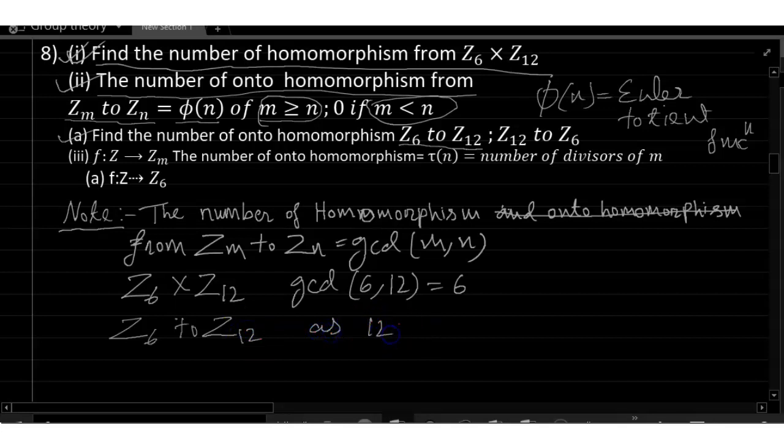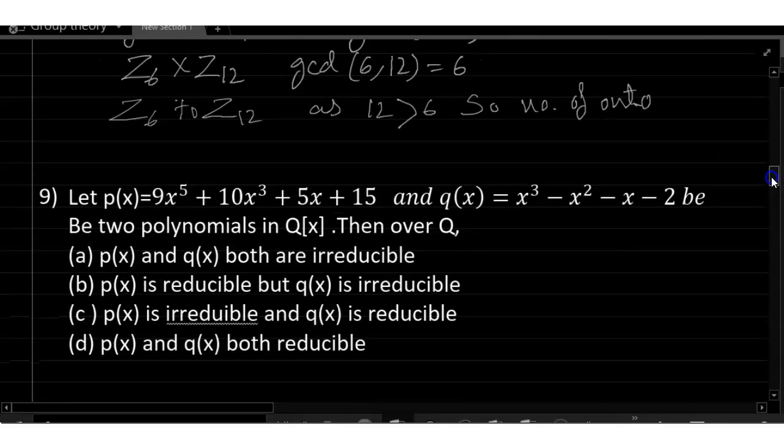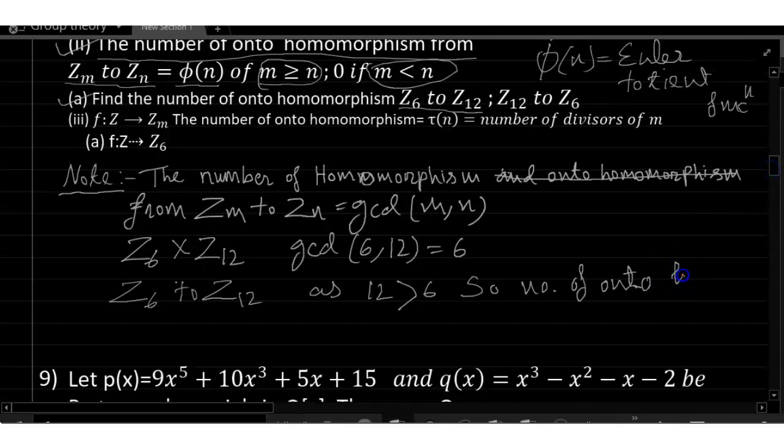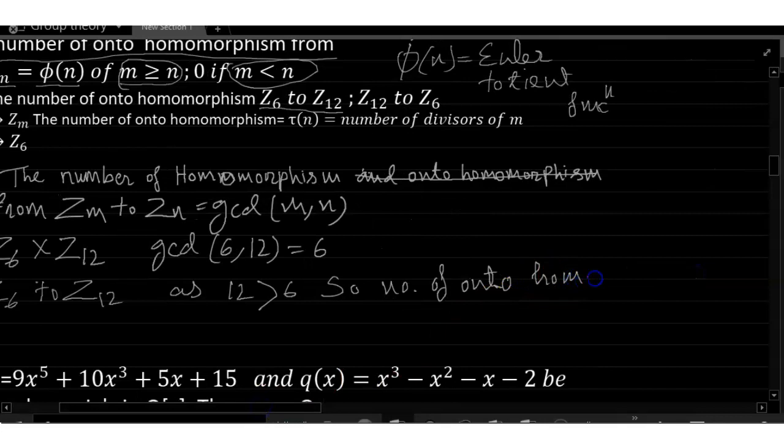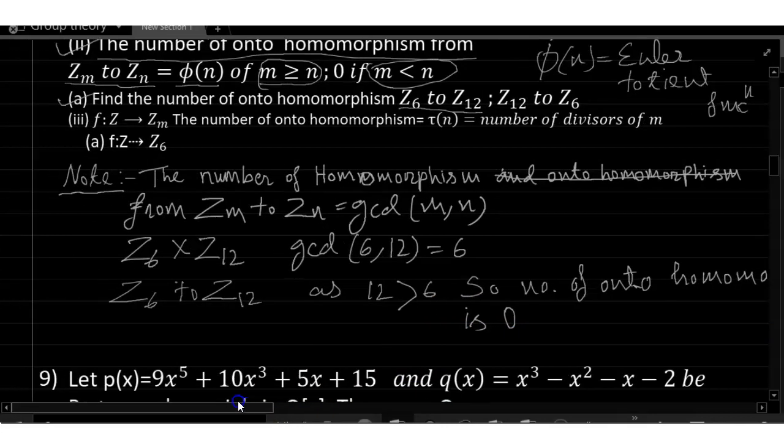As 12 is greater than 6, the number of onto homomorphisms is 0. So this answer is 0.